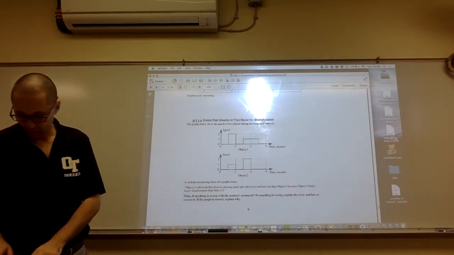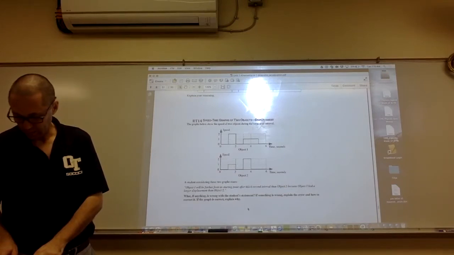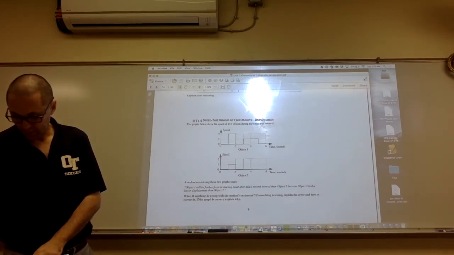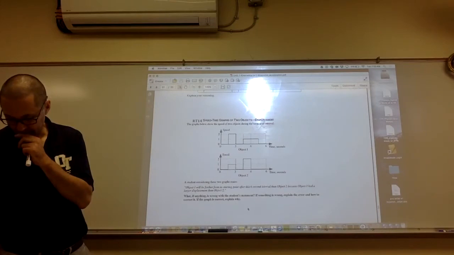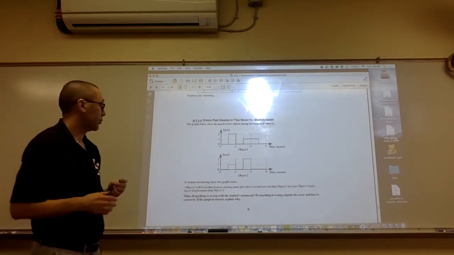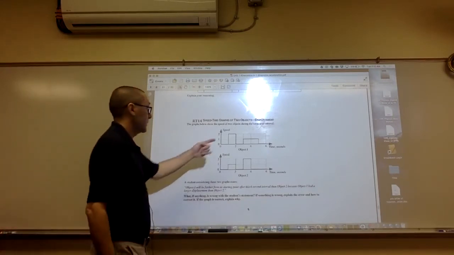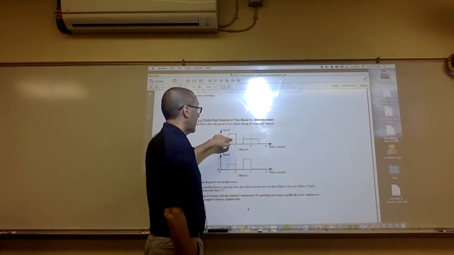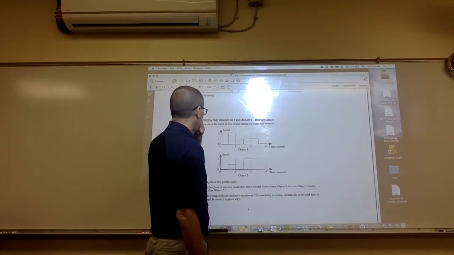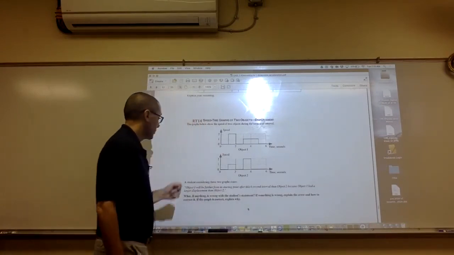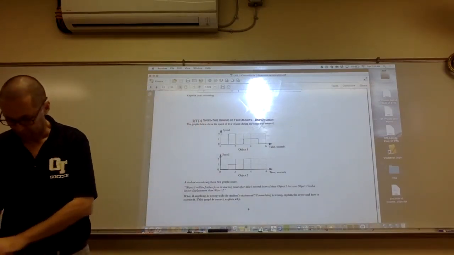So we cannot say. And the reason for that is because we don't know what the velocity time graph looks like. This could be down here, or it could still be up there in the velocity time graph. We have no idea about the velocity time graph, so we cannot tell.